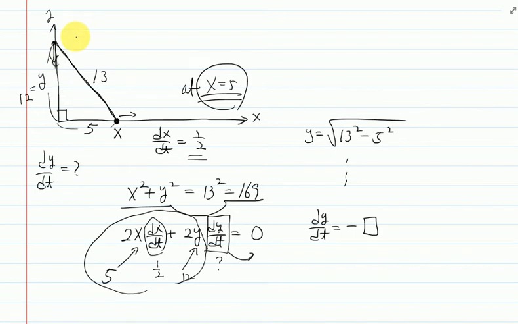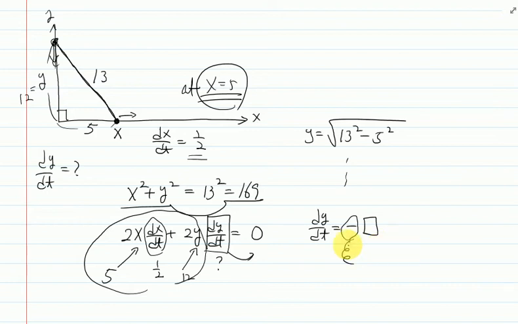In that case, they are just asking for the speed of y. So they already treat that as negative when they say down in the question.